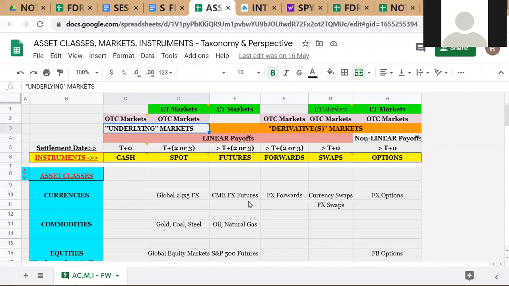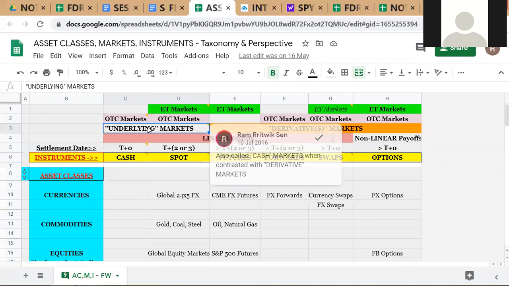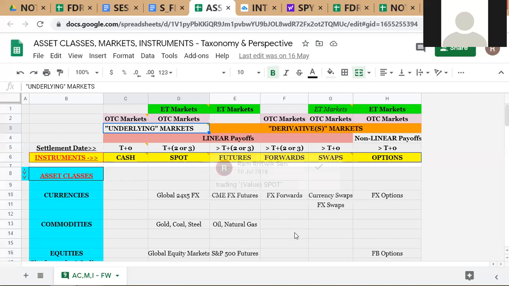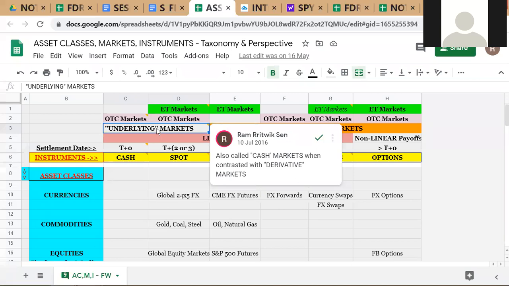So we'll get to the definition of derivative. We'll understand this better. So this is one of the distinctions that we use. And the other distinction, which is there in the note you see, you can read it. So sometimes we talk about a distinction between underlying markets and derivatives markets. And we also sometimes talk about cash markets and derivatives markets.